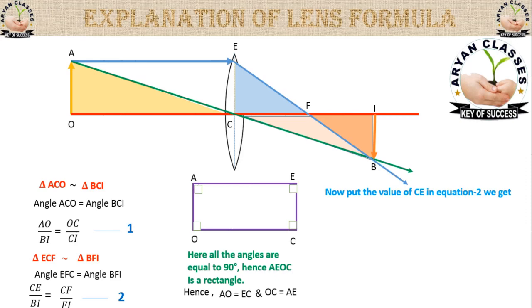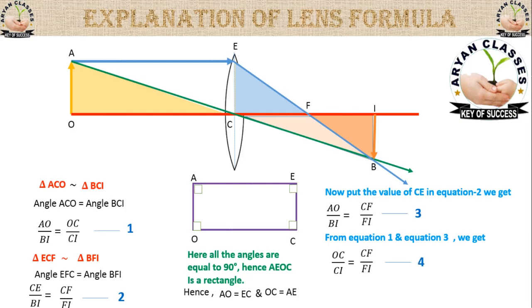Now put the value of EC in equation 2, we get AO upon BI equals CF upon FI. This is equation 3. From equation 1 and equation 3 we get OC upon CI equals CF upon FI. This is equation 4.